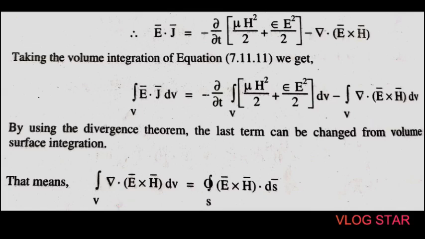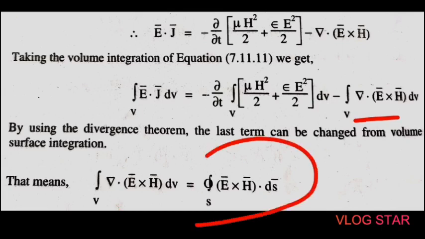Okay, so we can write the integration of del into E bar cross H bar dV as the integration of E bar cross H bar into dS bar. That means we can change this volume integration into the surface integration.